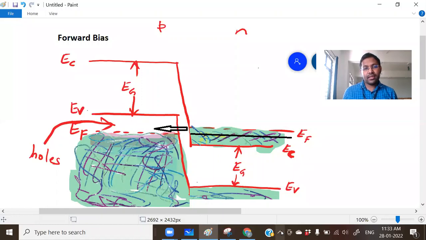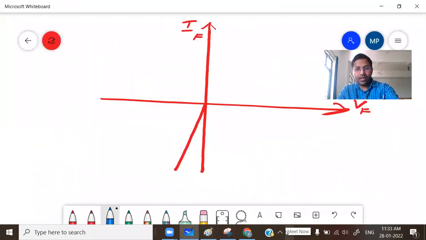So the characteristics of the device based on this will be, first, this we have discussed. Reverse bias we have already discussed in the previous class. Now what about forward bias?